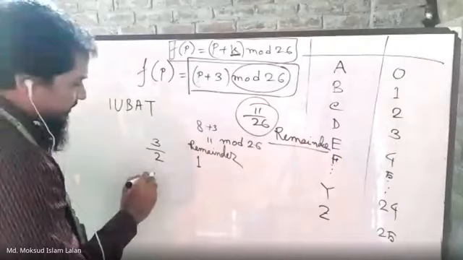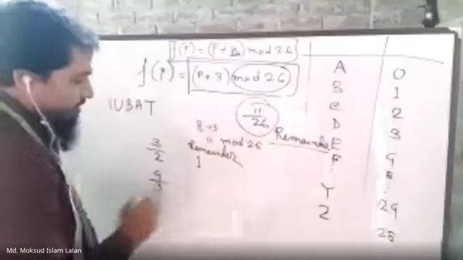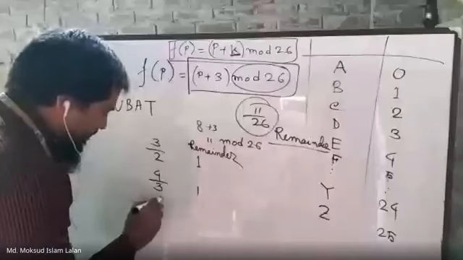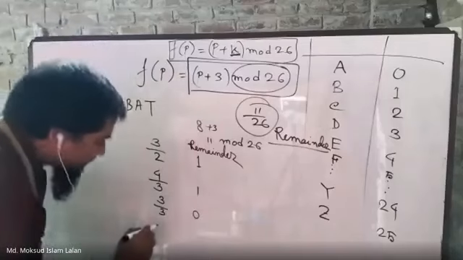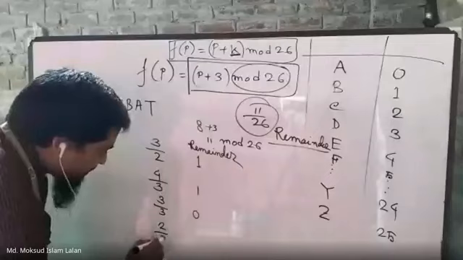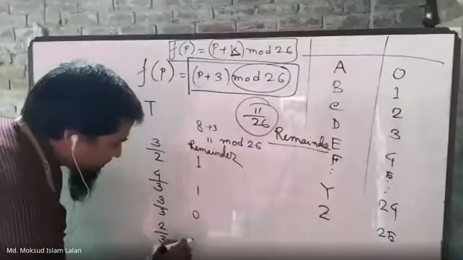Now like 4 divide 3, what will be the remainder? Also 1. 3 divide 3, what will be the remainder? 0, sir. Okay, 2 divide 3, what will be the remainder? Sir, this is 1 divide 3. So we divide this, right? Let us divide. This is the remainder.